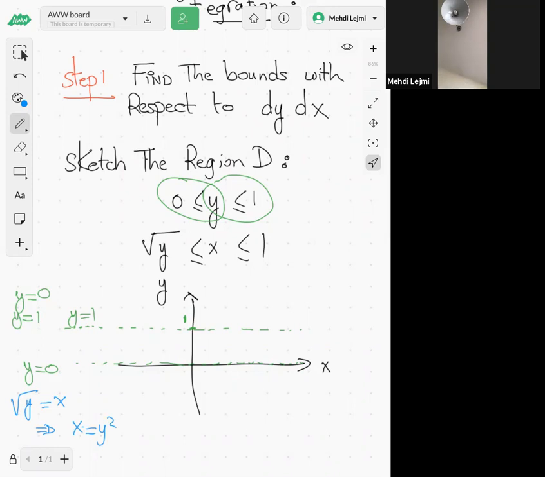Let's say x equals 1 here, and here's 4 somewhere, here's 2. If y is equal to 0, x would be 0.